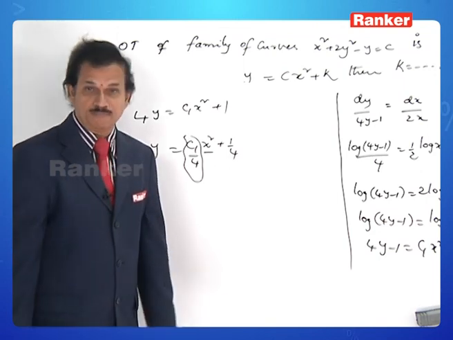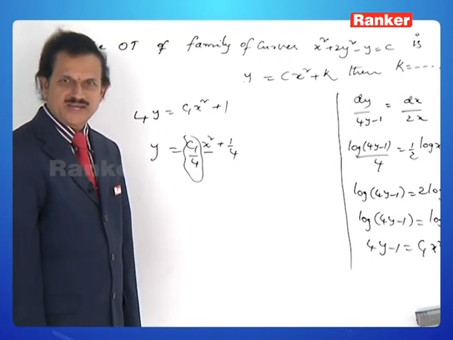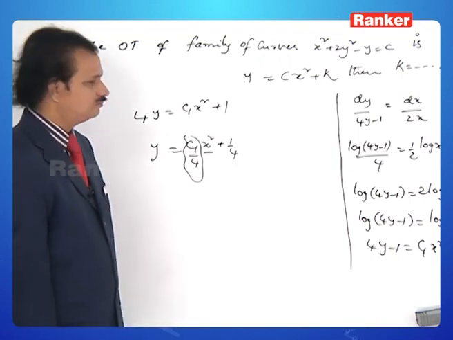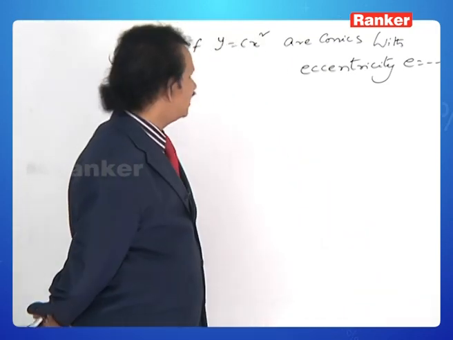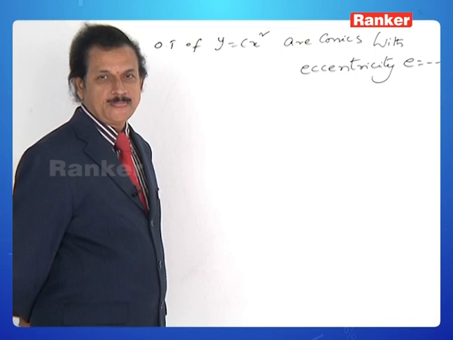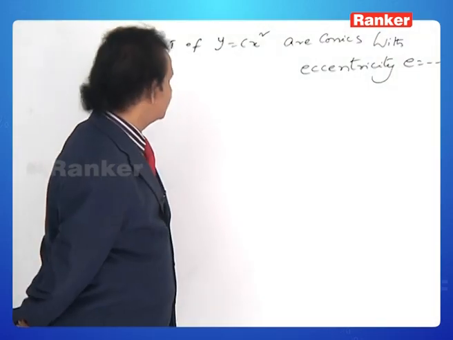There are two more beautiful examples. We shall be looking at those examples now. Another beautiful problem is before us. Understand the question very carefully. The orthogonal trajectories of the family of curves y is equal to cx square.